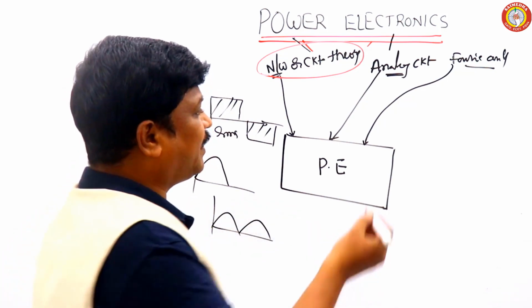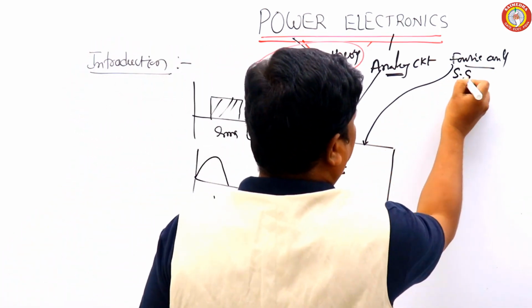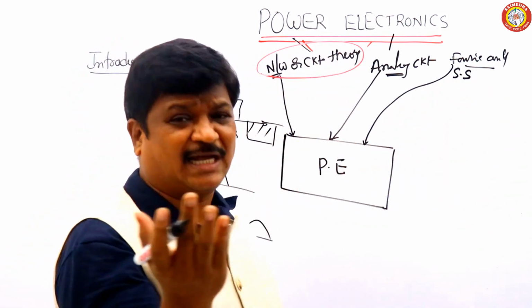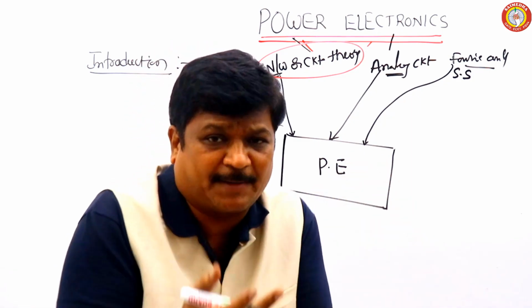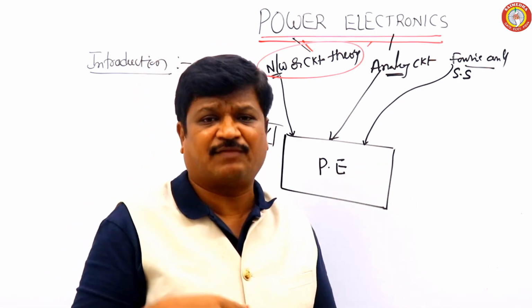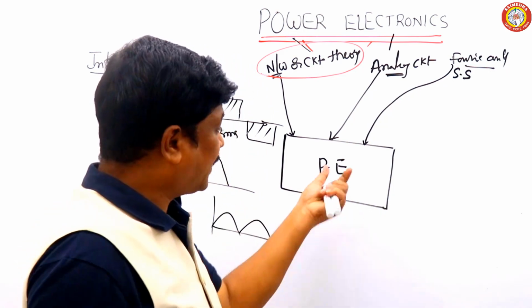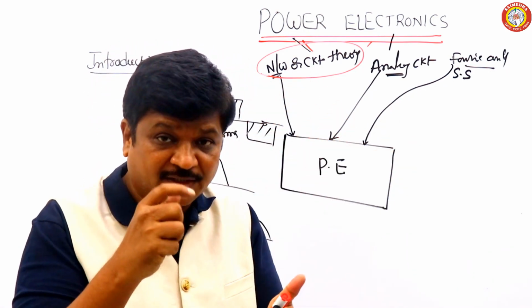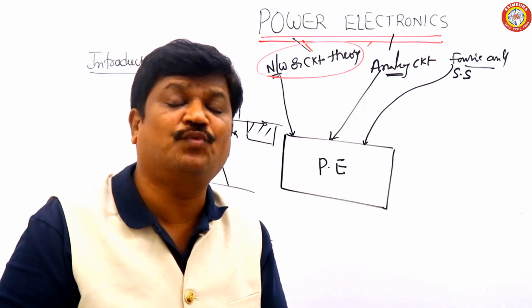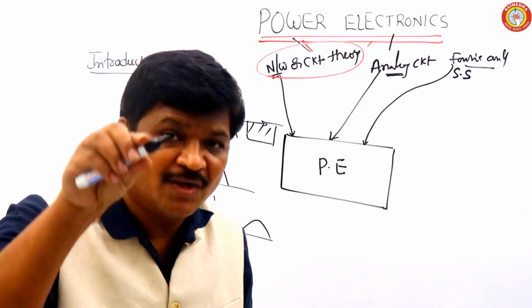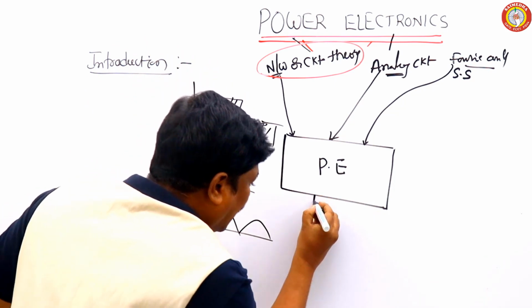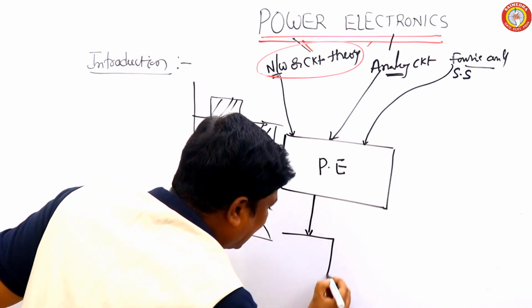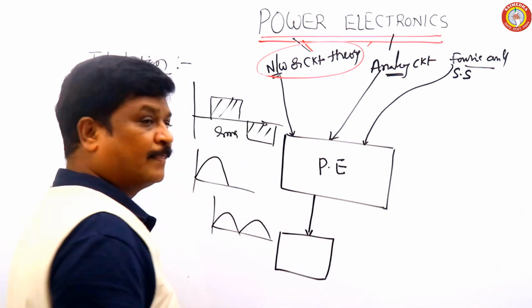Of course, this we can call signals and systems also. A few other subjects are also required: control systems for the feedback purpose, and measurements for the purpose of measuring elements. All these things may be the inputs. But these are all inputs we can apply on our electrical machines.